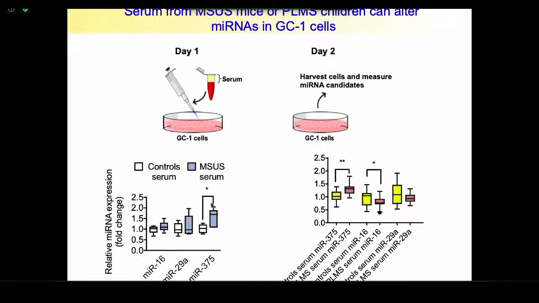And we could see that GC1 cells treated with serum from MSUS mice show an increase in microRNA 375, which we knew before to be associated with trauma and altered in these MSUS mice. And likewise, the serum from traumatized kids could increase miR-375, but also alter another microRNA, miR-16. So all this put together suggests that serum can act on germ cells, and that may be through PPAR.